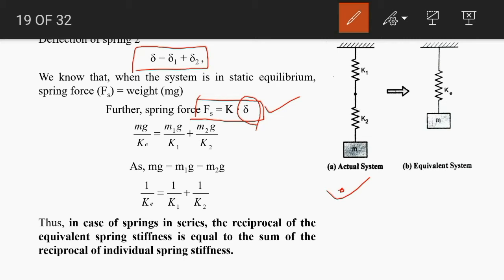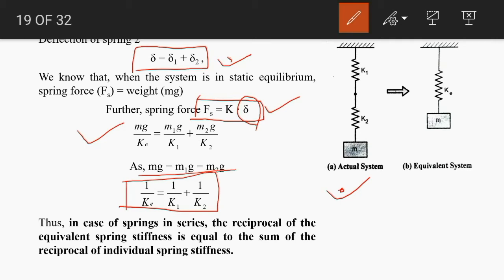So in this equation we can put in the values, and we get the relation: mg divided by ke is equal to m1g divided by k1 plus m2g divided by k2. Now, as we already know that mg is equal to m1g is equal to m2g, we get the final relationship: 1 upon ke is equal to 1 upon k1 plus 1 upon k2.